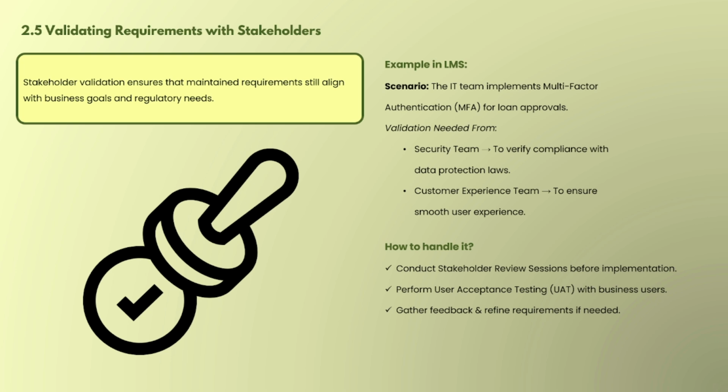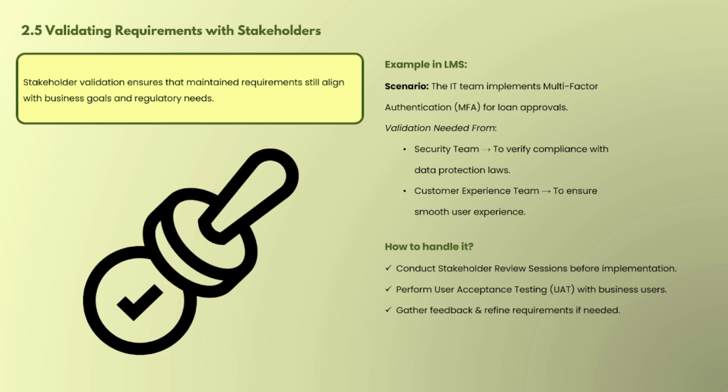Well, an example is here: the IT team implemented multi-factor authentication for loan approval. Validation is needed from the security team, where they verify compliance with data protection law, and the customer experience team ensures a smooth user experience. So this is validation we need from the security team as well as the customer experience team while implementing this particular feature.